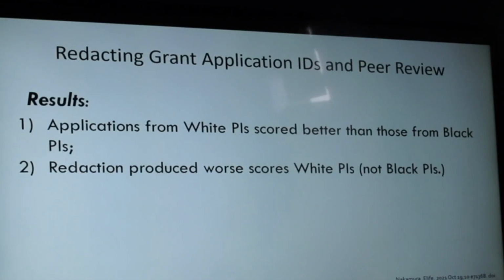They found that applications from the white investigators scored better than those from the black investigators. But they found that when they redacted race, the redaction made the scores for the white investigators go down. So in other words, when the reviewers didn't know that the investigator was white, they were given a lower score.